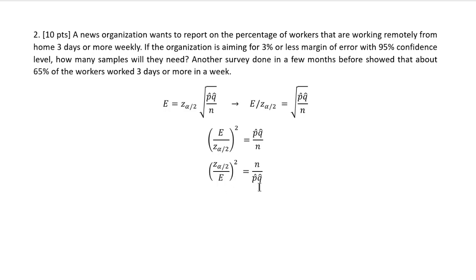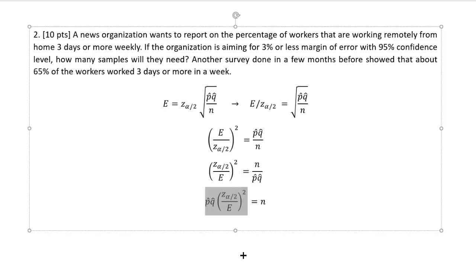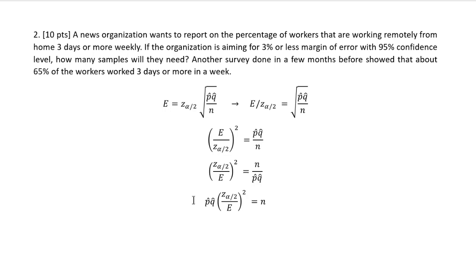And then finally, if you multiply p hat, q hat on both sides, this is the formula for the number of samples. Now, it happens that this p hat q hat gives you the maximum value if it's 1/2, 1/2, and if you have some other values, then you would have a smaller value for n.